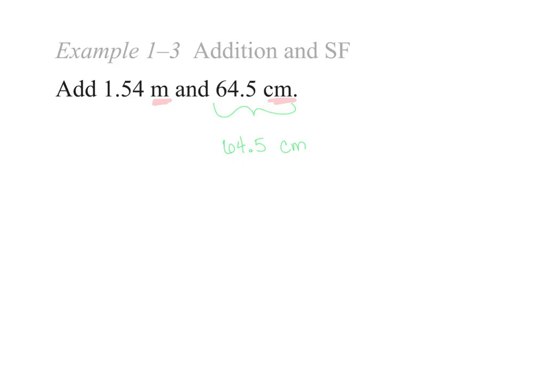Now remember, my centimeters is on top. And so if I'm converting centimeters, my centimeters needs to be on bottom and my meters on top. And so 1 meter, the same as 100 centimeters. When you multiply across, divide by 100, you're going to get 0.645 meters, right?